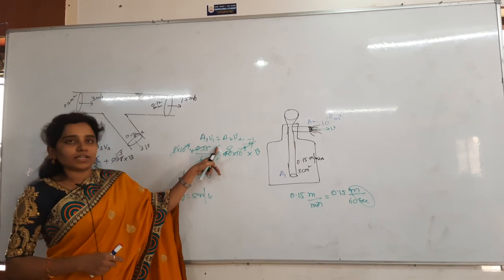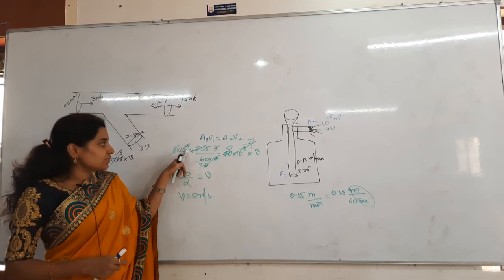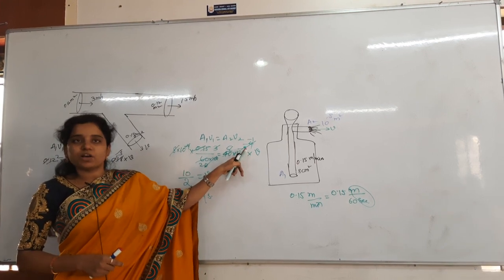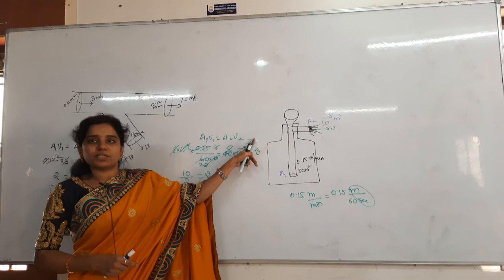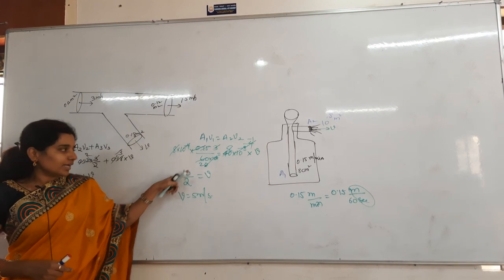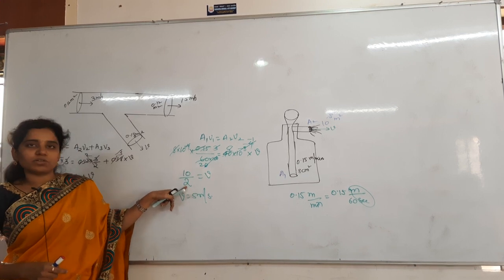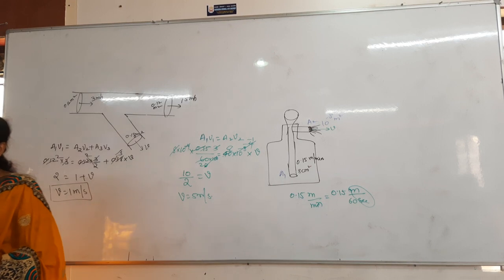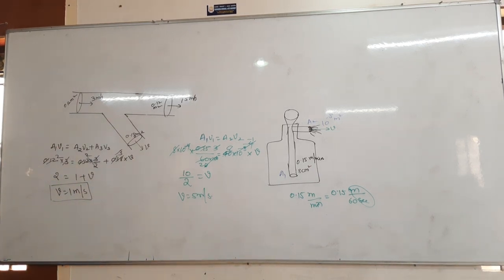So 3 is going up. 3 and then minus 4. Minus 3 minus 4 will be minus 7, cancelling with minus 8. Only minus 1 is remaining. 10 power minus 1 comes to this side, so 10 will be there, divided by 2, so we got 5 meters per second. That is how you have to do the calculations. Fast calculation should be done. Finish, that is the answer, 5 meters per second.